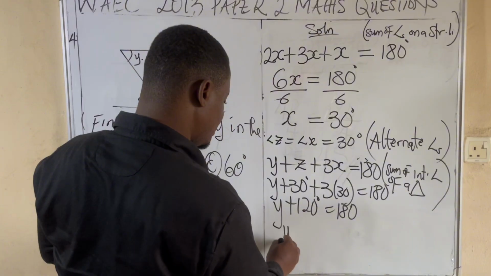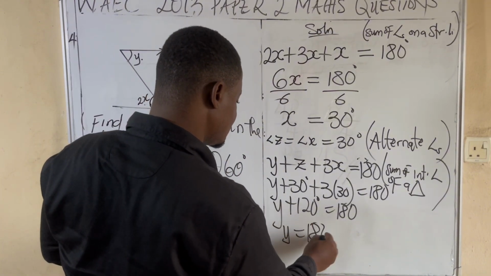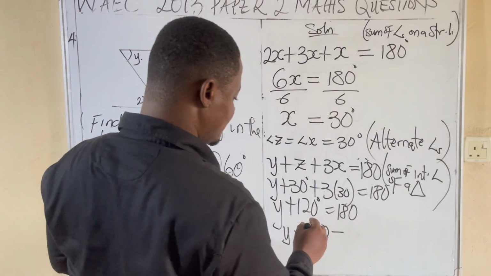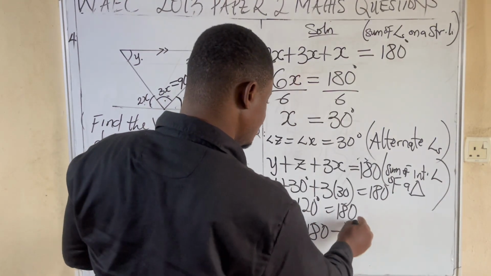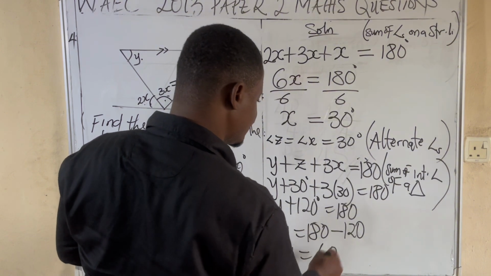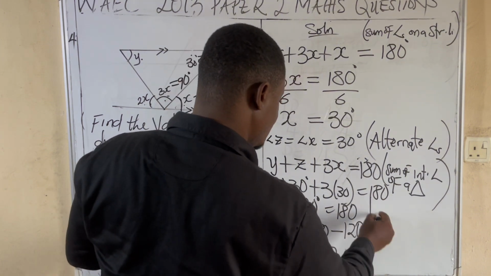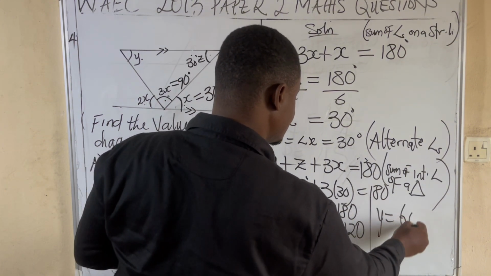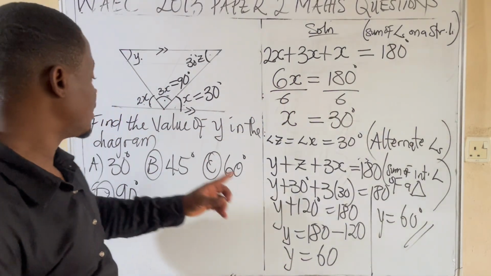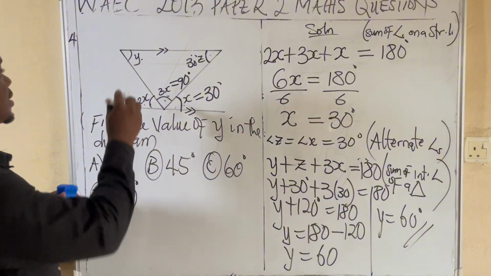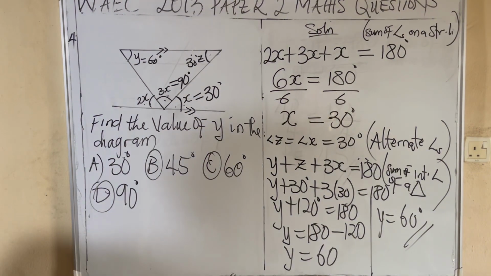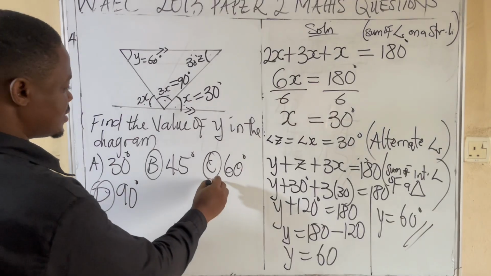This means that y is equal to 180 minus 120, which is 60 degrees. So the value of y in this question is 60 degrees. So our answer here is C.